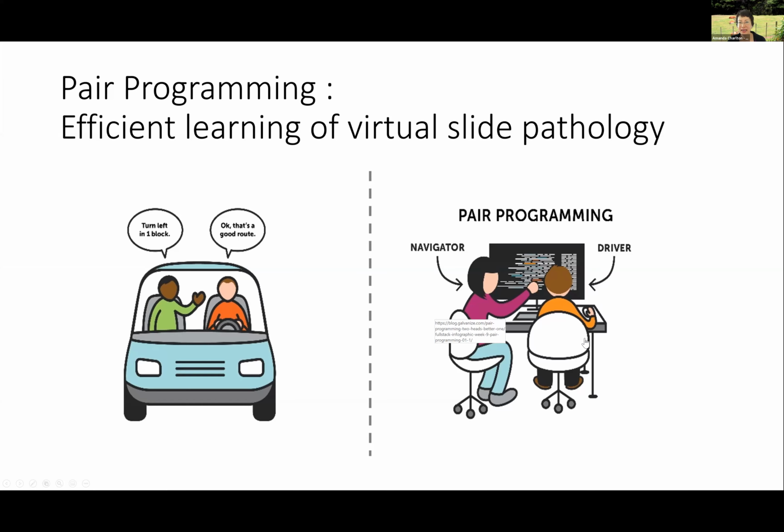And the other person has the textbook or the e-textbook or whatever it is, looking up stuff on the internet, and is the navigator. Let's go and have a look at the orbit chapter. No, I think it's in the lacrimal gland chapter, whereas the driver is driving. So it splits the cognitive load. So driver, navigator, got it? Simple concept. Hard to do though, because everybody wants to drive.